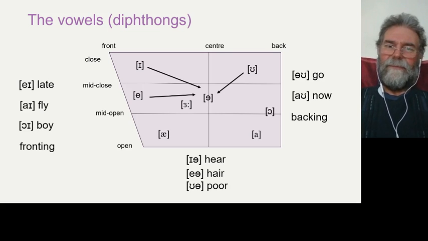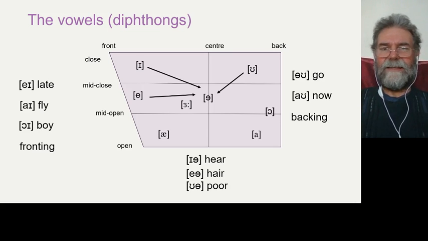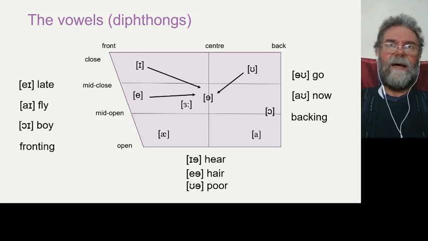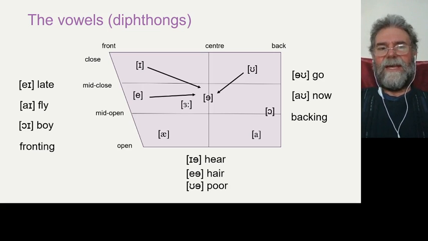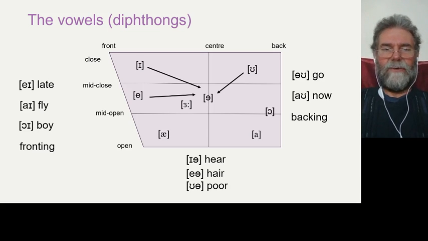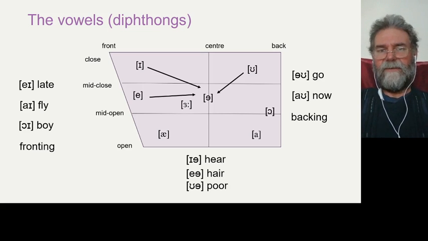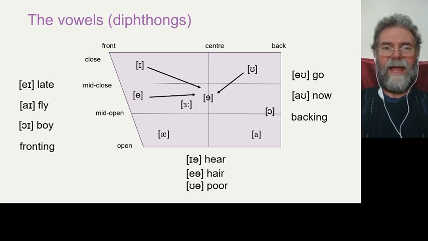Now, there may be people in the class that use this pronunciation, and that's because second language teaching tends to lag behind what's actually going on in the actual language itself. You often get foreign speakers of a language speaking with an accent which is at least 50 years out of date in terms of what's going on in the native language.